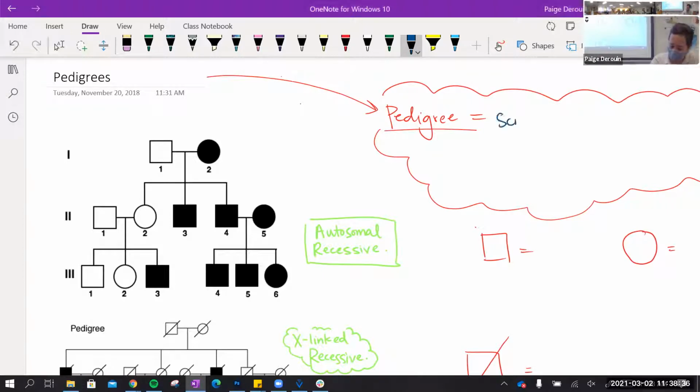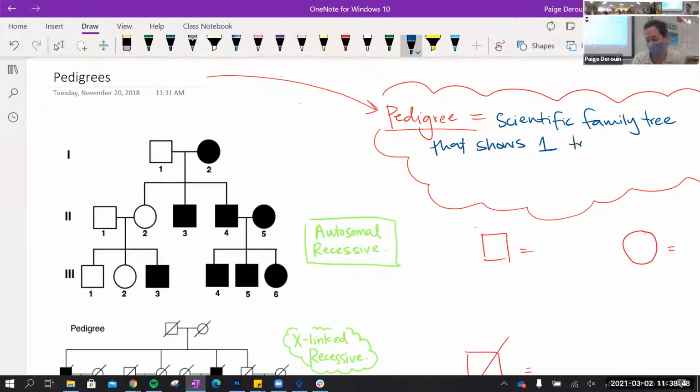This is a scientific family tree that shows one trait being passed on. On a pedigree, you can only show one trait at a time. You can't show multiple traits, just one.